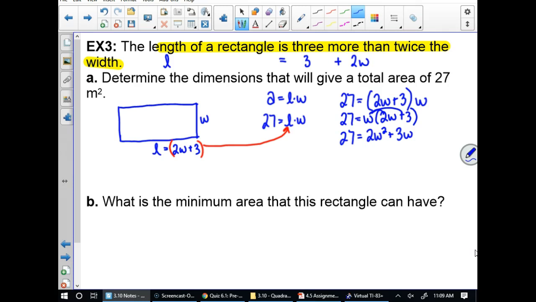So I would not say completing the square is very, very easy here. So the first thing you want to do with a quadratic, what would we do, Trace? Move the 27 over. You want everything on one side. So we get 0 equals 2W squared plus 3W minus 27. So move everything to one side.